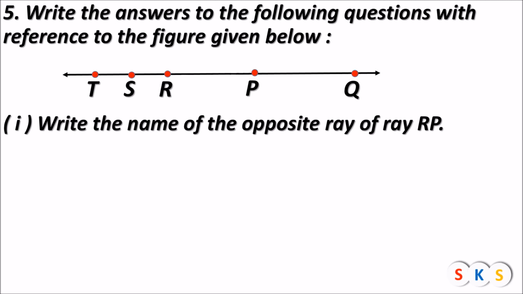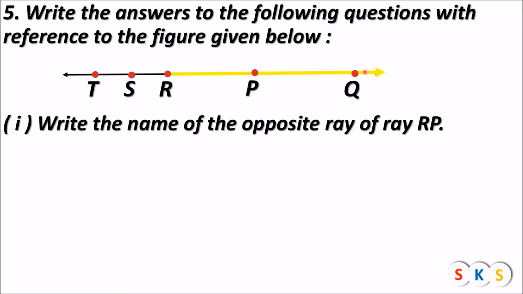Look at this figure. You can see a ray with yellow color. I'm talking about this ray. Here point R is the origin of ray RP, or you can say it is ray RQ.